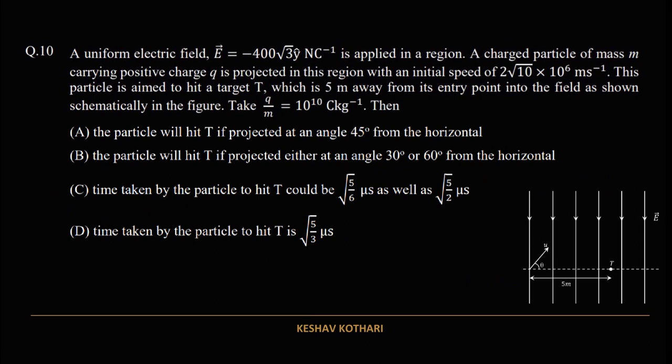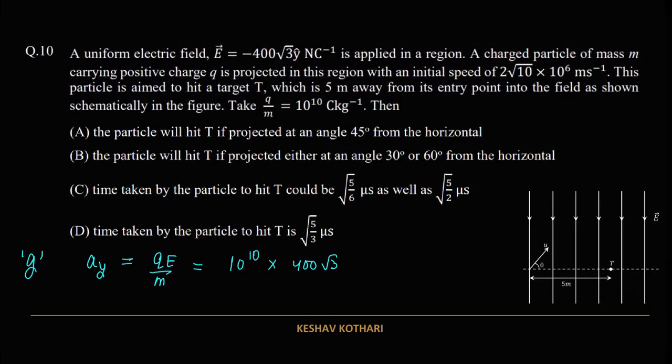So in this problem, instead of g, we have acceleration in the y-axis, which is provided because of the electric field E. If we calculate, it is equal to qE upon mass m. Now q by m is given to us as 10 to the power 10, into electric field, that is 400 into root 3.